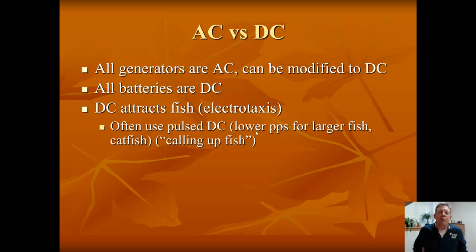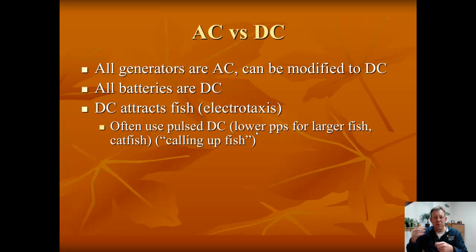So, for example, lower pulses per second often attract larger fish, especially larger catfish. One way we know this is called calling up fish. If you've ever seen one of those old school telephones on the wall where they crank it up, they're cranking it up because there's a generator in there.